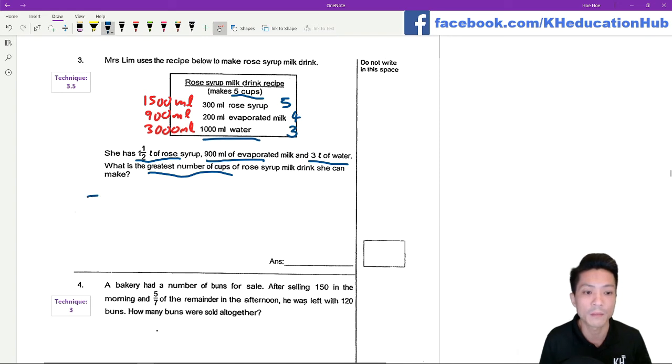Each group can make you 5 cups, so 3 times 5, let me circle the one that's limiting, 3. It's gonna give me 15. That is the greatest number of cups of rose syrup milk drink that she can make.